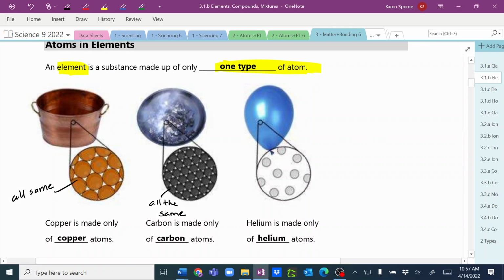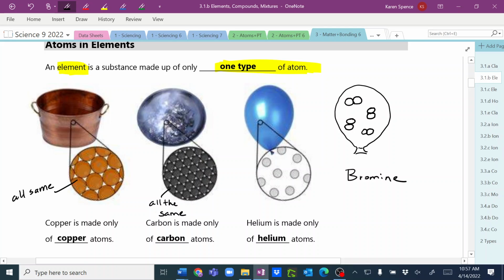And then we're going to draw one more balloon. Because maybe in our balloon, we have bromine.